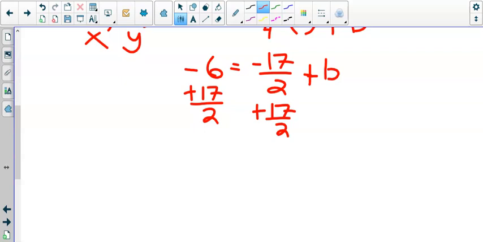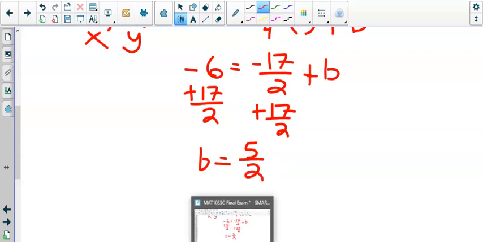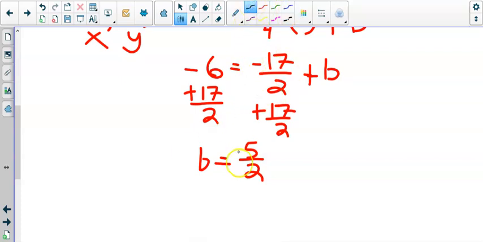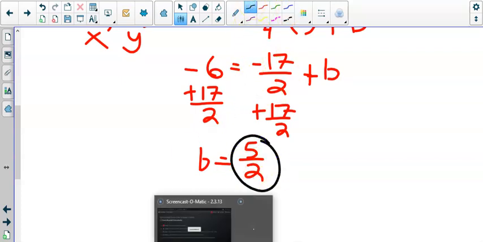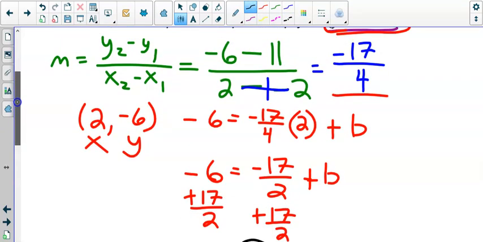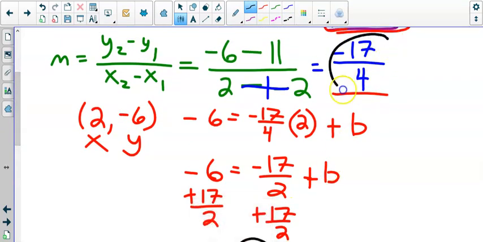So you go into your calculator, you take negative 6 plus 17 over 2. And I have no idea what that is. 5 over 2. And now all you have to do is rewrite the equation. Because you know what b is now. You know what m is.